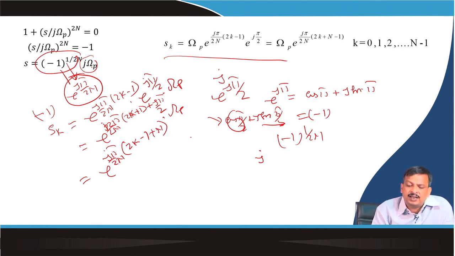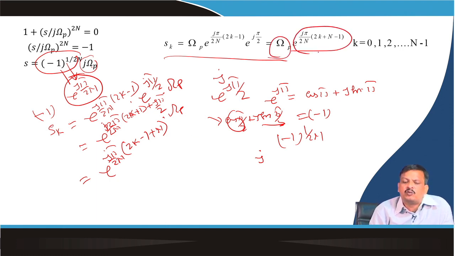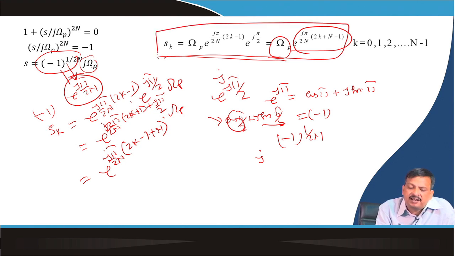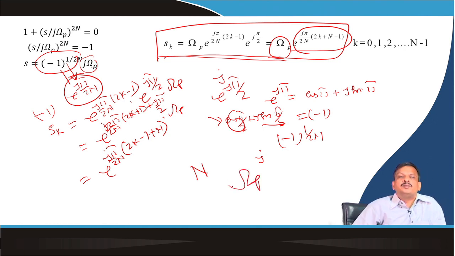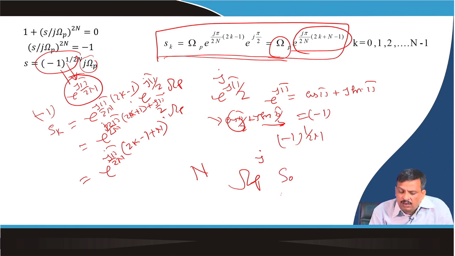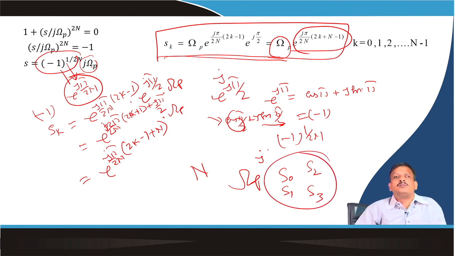So it is omega p into e to the power j by 2n times 2k plus n minus 1. Those are the pole positions I can determine if I know n, the order of the filter, and omega p. Then I can calculate S0, S1, S2, S3, all the poles.